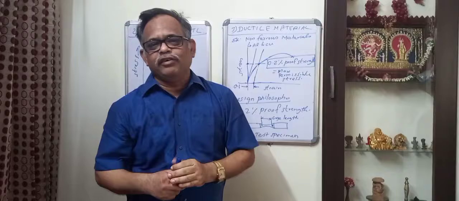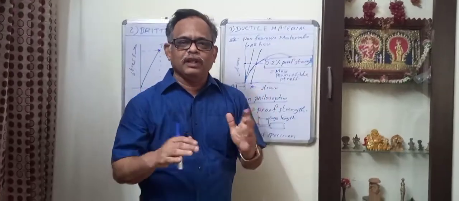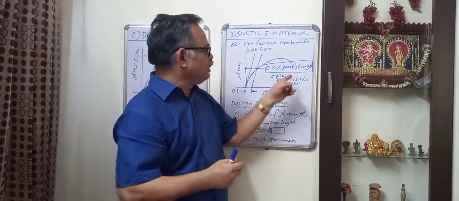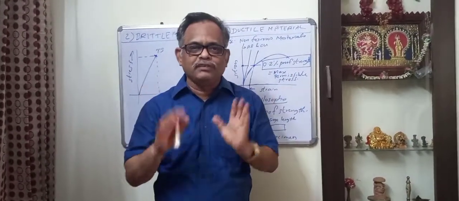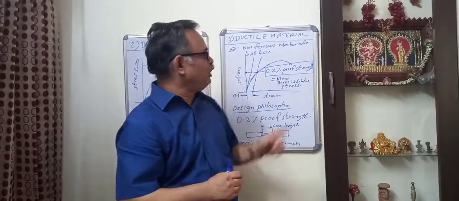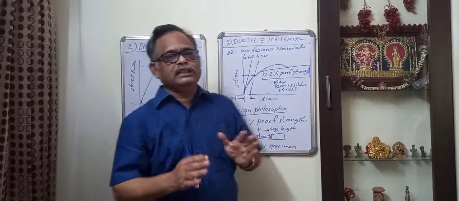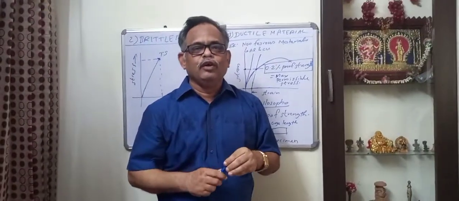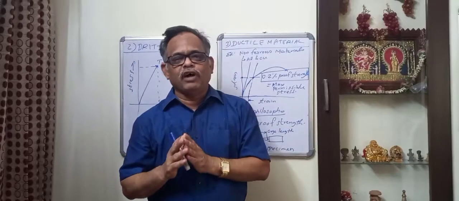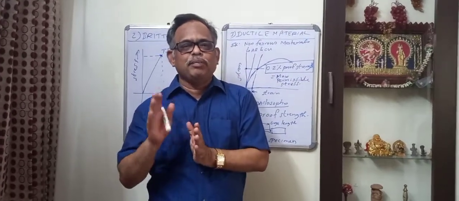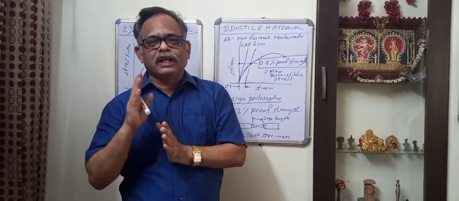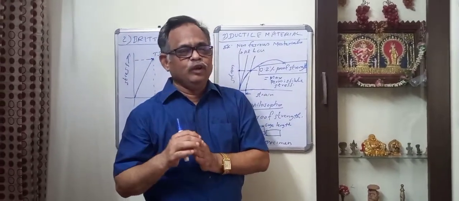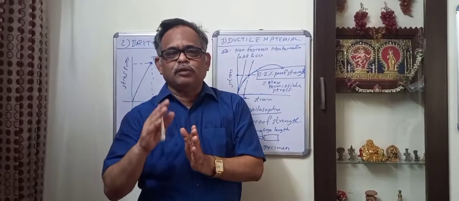In boiler pressure part design, as I told you, depending upon the temperature, when temperature is more, the 0.2% proof strength will be lower. So for various applications and different steam temperatures, we have to select the corresponding 0.2% proof strength.